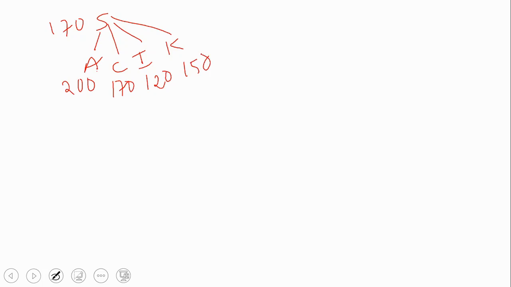It will move to a node which is better compared to S. So I and K both are better. Among I and K, the lowest is I. So next it will move to I. So first S, then move to I.